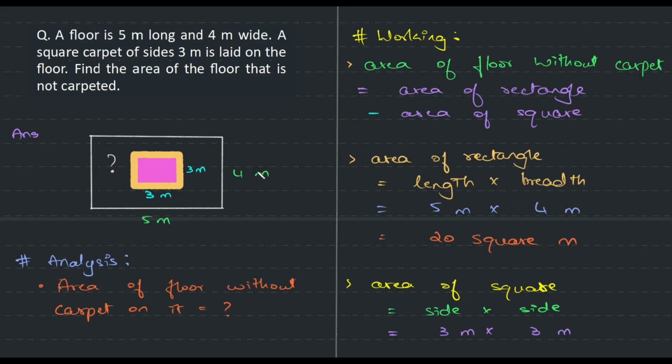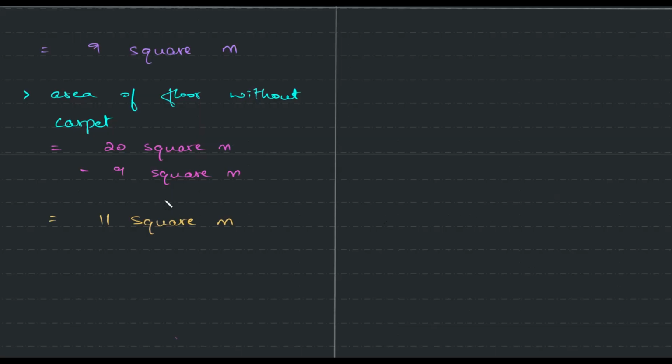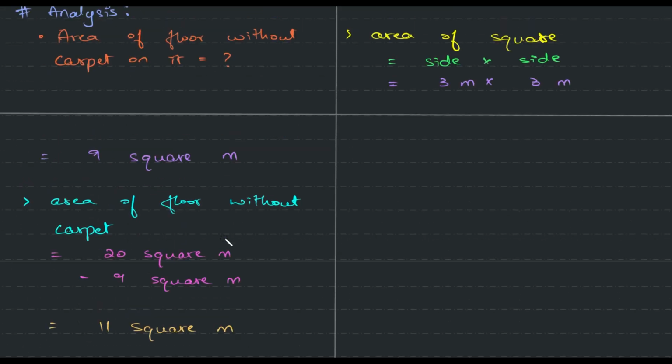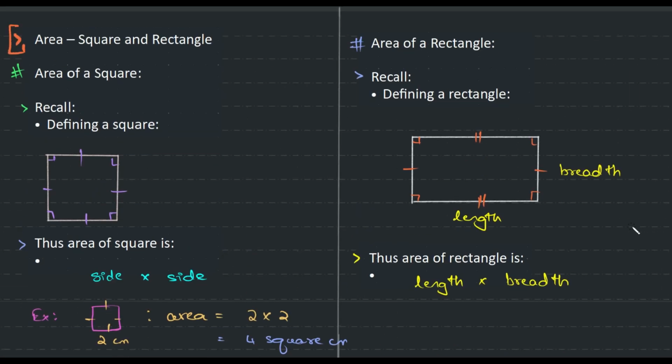The difference will give us the remaining space. So since we are looking at a rectangle and a square, I found the area for the rectangle, I found the area for the square, and we had to find the difference. We found that we have not covered 11 square meters of area. It's not yet covered with the carpet. So that's that. You have to copy everything from this set of slides.